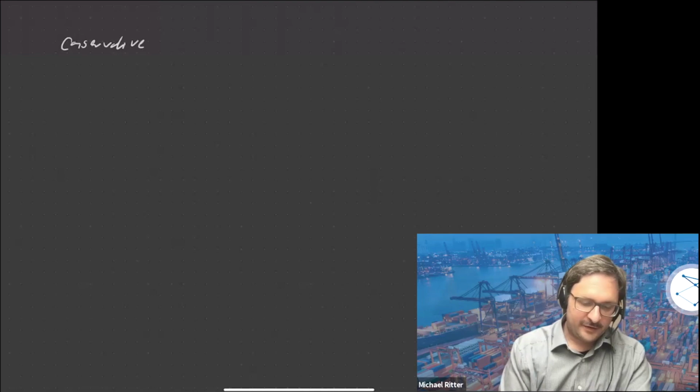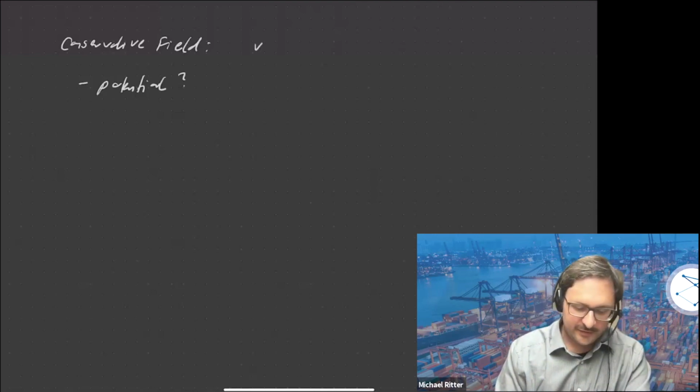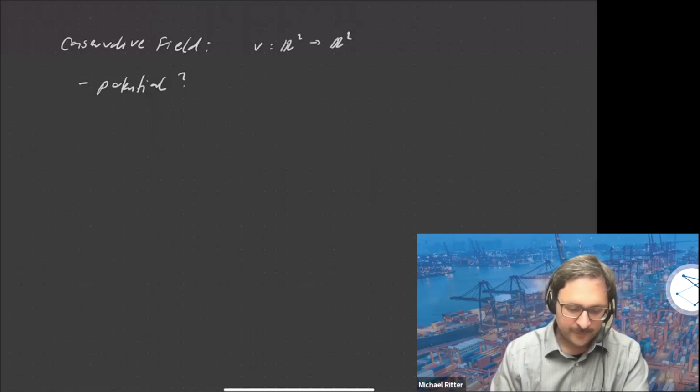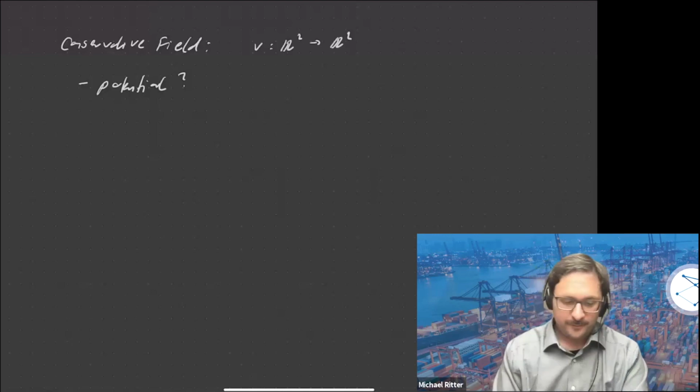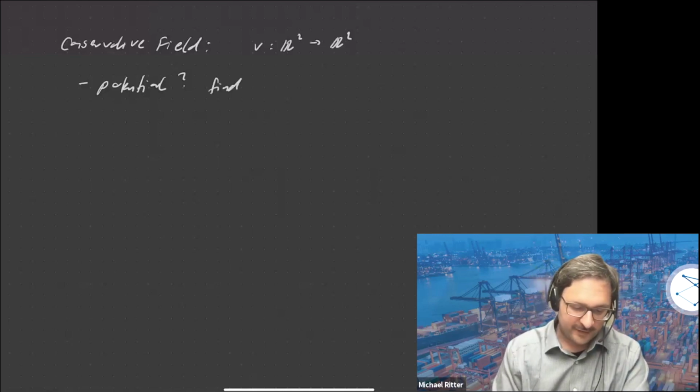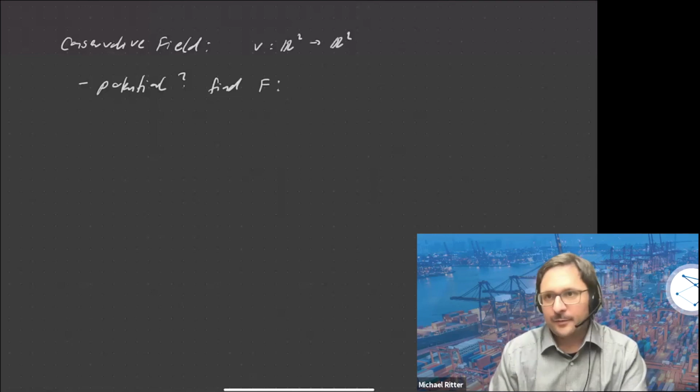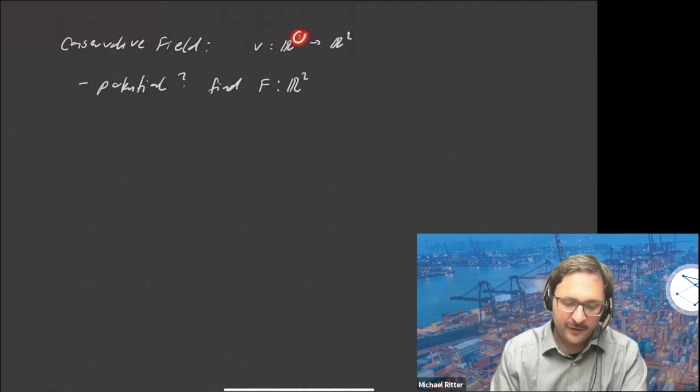And it means there's basically two things you could use here. The first idea would be to check for the potential. So given a vector field, I'll just make this two-dimensional, R2 to R2. Given a vector field V, we could try to find a potential. So find some, let's call it capital F, that would then have to be a function that is defined, in this case, on R2 or on whatever R^n we have here, right?